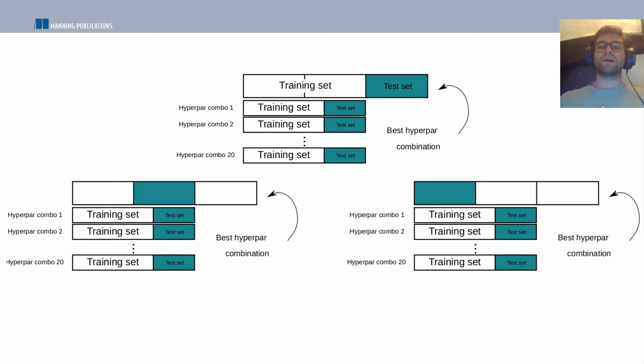One of them is that we're not just relying on a single test set for our evaluations, because of course it could be that by sheer chance, especially if your data set is small, that you picked a partition of training and test set that meant that the test sample was quite easy for the model to classify, whereas in this case we're using all of the data as the test set at least once.